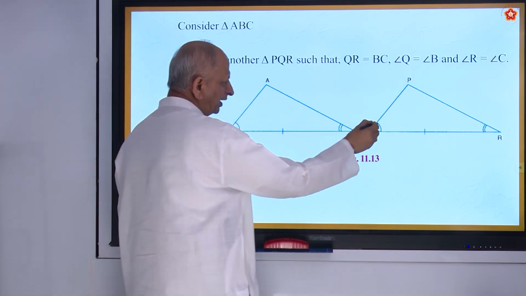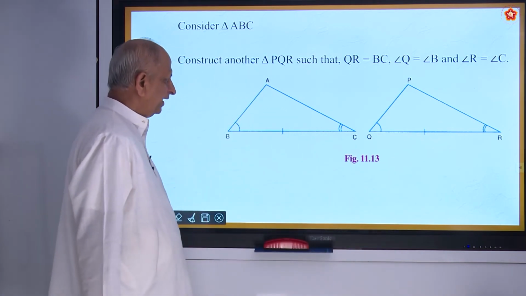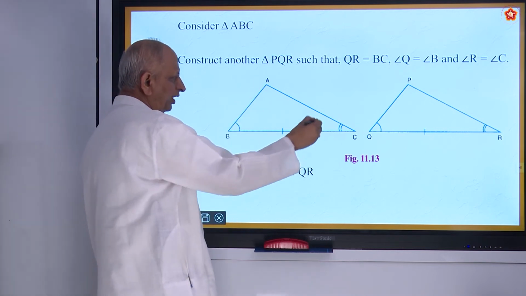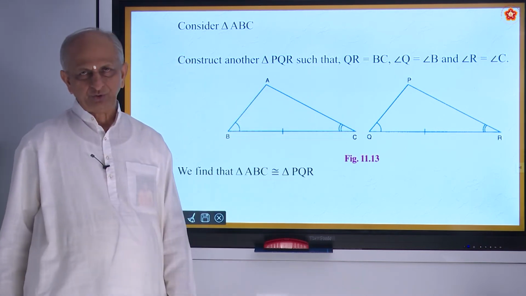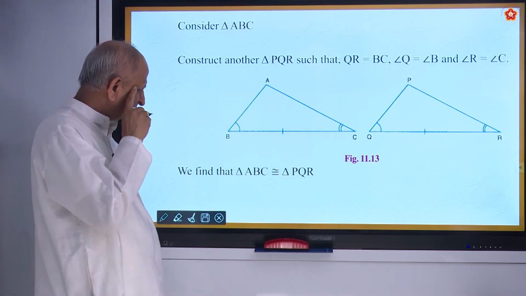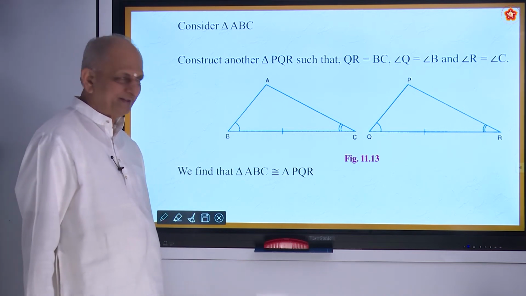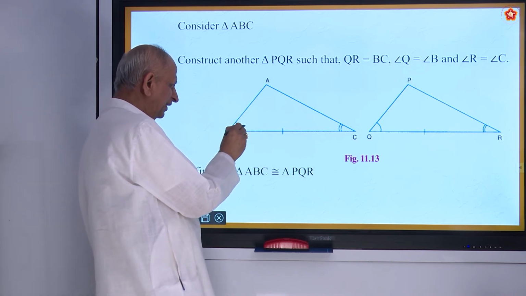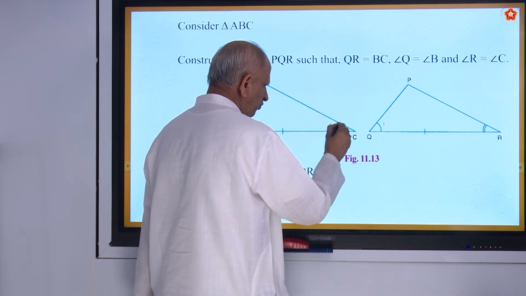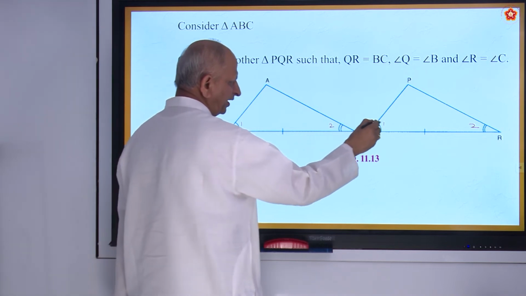Angle B is equal to angle Q. Angle C is equal to angle R. Then we say triangle ABC is congruent to triangle PQR. And what is the condition called? ASA. See here, A is angle. Suppose this is 1 and this is 2. We call it ASA.